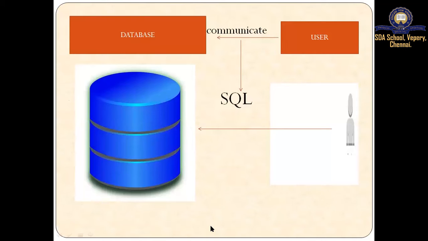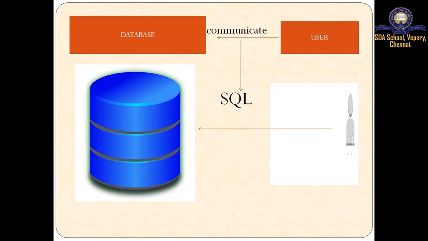Right? Now, how does a user communicate with a database? Can the user communicate directly with the database? Not possible. The user can communicate with the database by using a language called SQL. Of course, the database is a place where we store all our data.